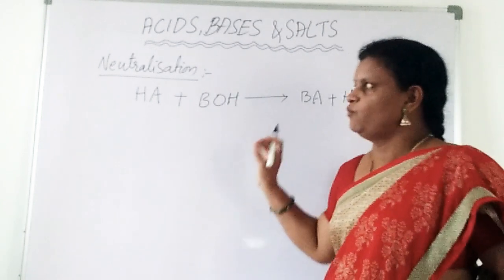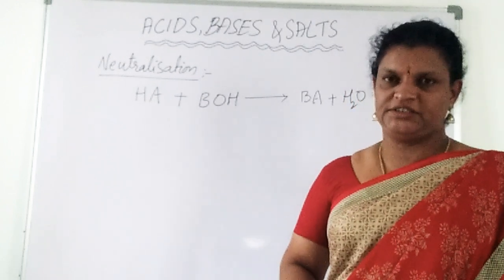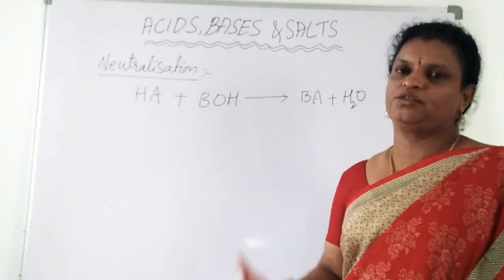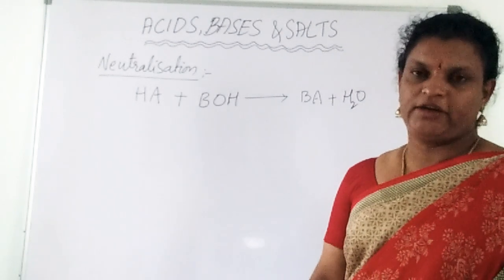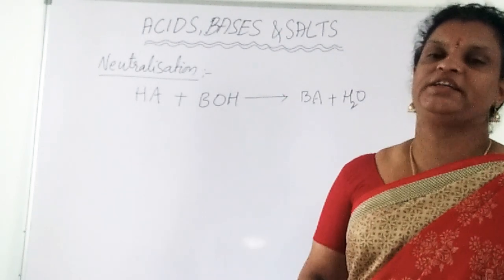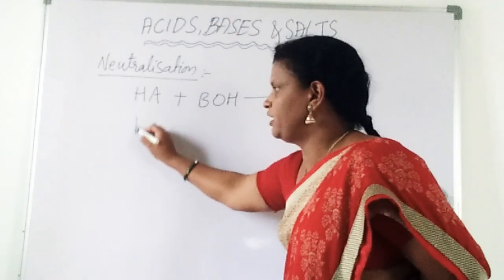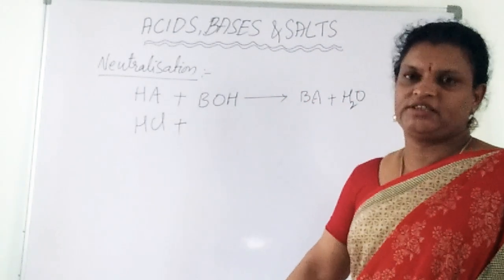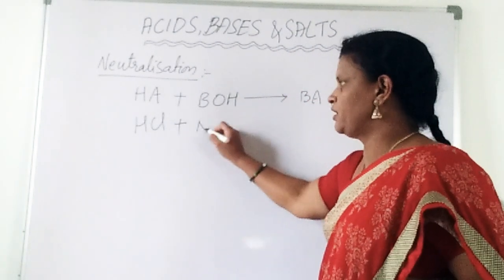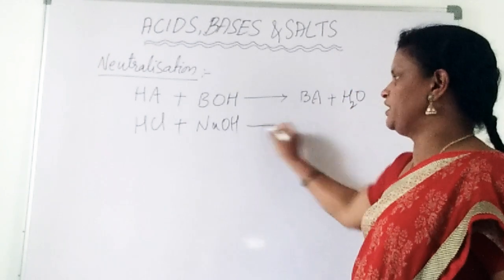So here what we are going to do is we are going to observe some of the examples of this neutralization and also some salts whatever are produced from the neutralization. So how to write the equations and also how to balance those equations we'll see here. So here I am taking a very easy, common example of the acid, hydrochloric acid, and I am taking the base, sodium hydroxide. These two will react together.